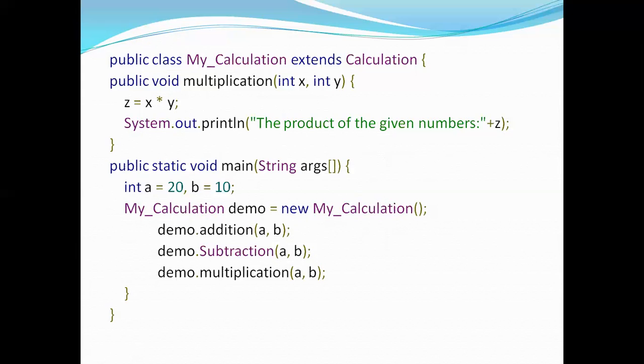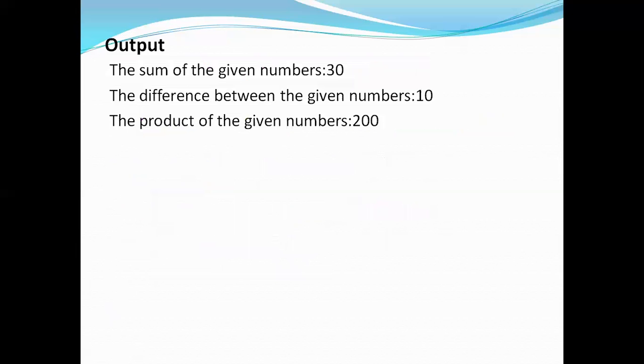They are written in the superclass, but still we are able to access them using the object of the child class because it is extending the superclass. So this is another example. Now if you observe the output, it will be like this: sum of given numbers, difference between the numbers, product of given numbers. So in this way we can use the concept of inheritance.